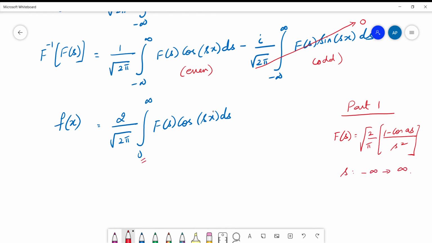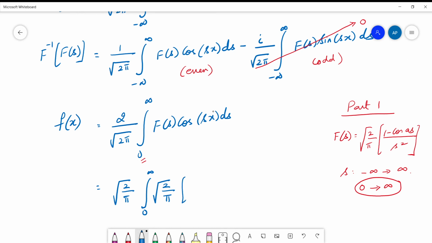It is 0. So what will the limits now be? 0 to infinity. So taking this forward, this will now be root of 2 by pi integral 0 to infinity, which will continue as it is. Now let me substitute for f of s, which is root of 2 by pi into 1 minus cos as divided by s square, and what is outside? cos of sx, and integration is done with respect to s.